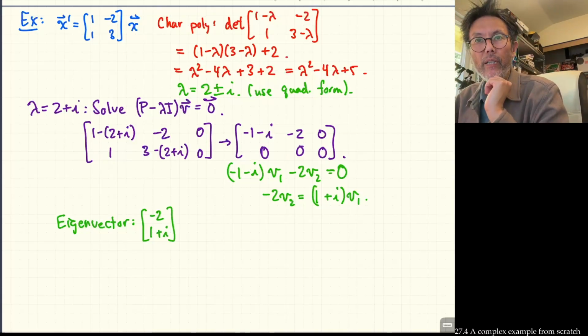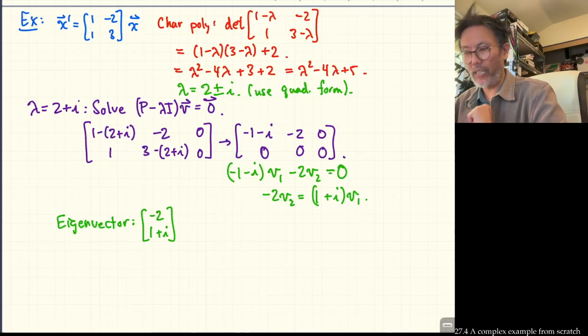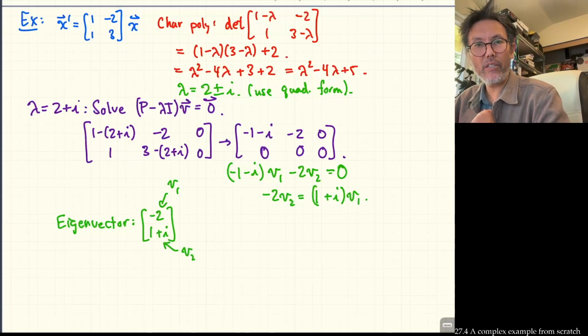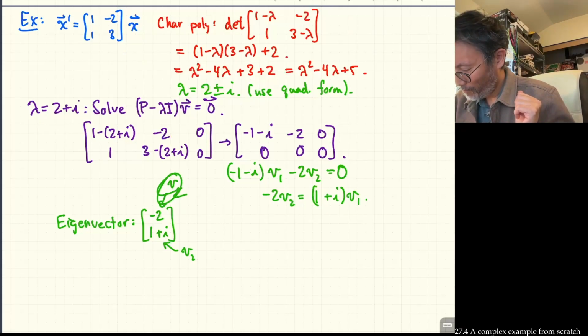If you don't believe me, shove that v1 and v2 in. This is my v1, and this is my v2. And if you shove those numbers into this equation, you'll see that it works out, because of course it does. All right. So that's my eigenvector, with eigenvalue lambda equals 2 plus i.